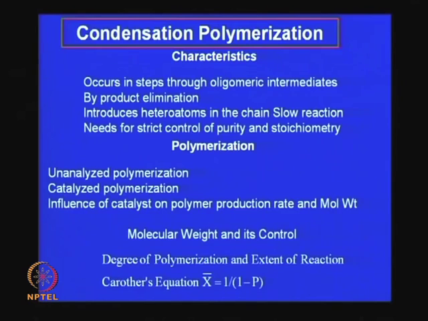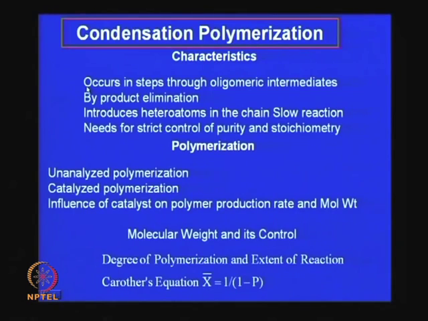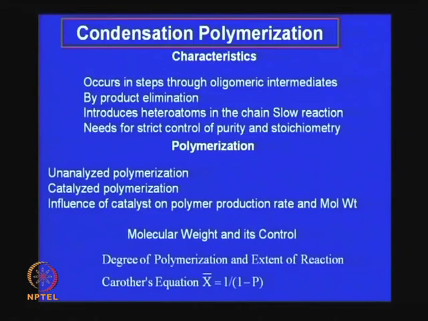Now, let us concentrate our attention on these principles of condensation polymerization. As I mentioned earlier, let us look into the characteristics of this condensation polymerization. Once again, I am telling, this condensation polymerization occurs in steps through oligomeric intermediates. Oligomeric means, oligo means small, smaller intermediate products, oligomeric intermediates.